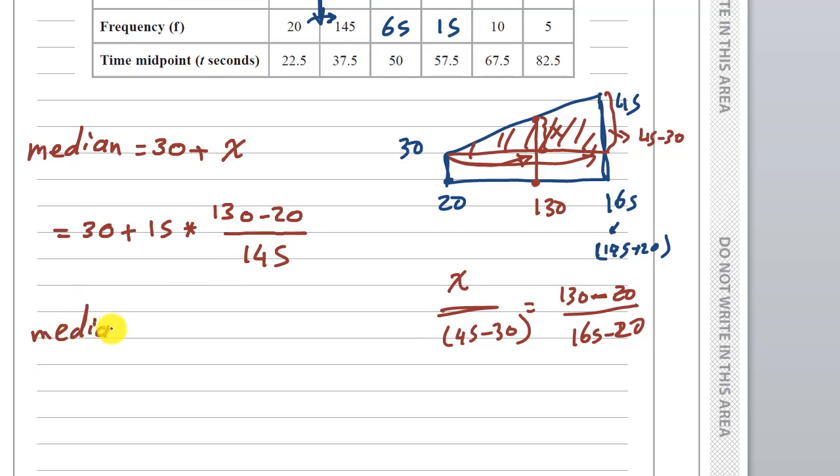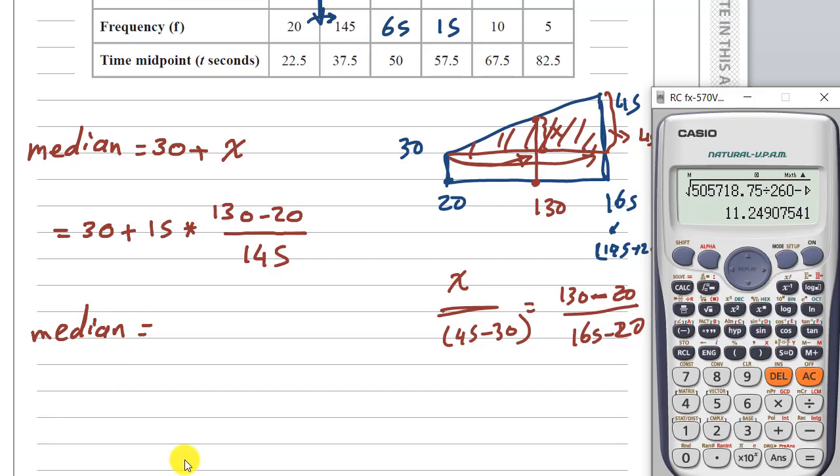So median is equal to, let us find these values, 30 plus 15 multiplied by 110 divided by 145. So it's equal to 41.379.